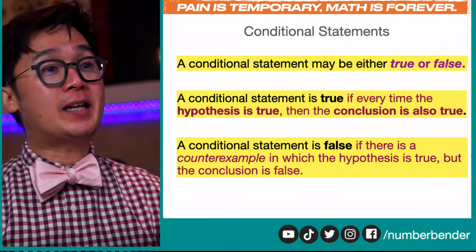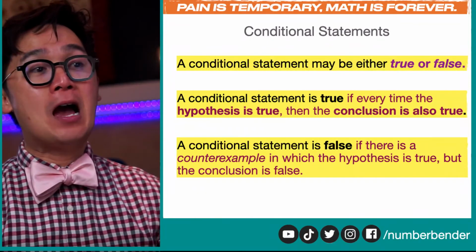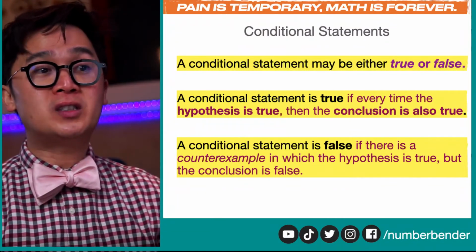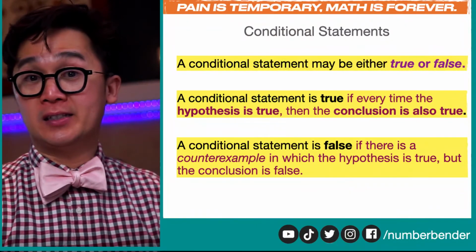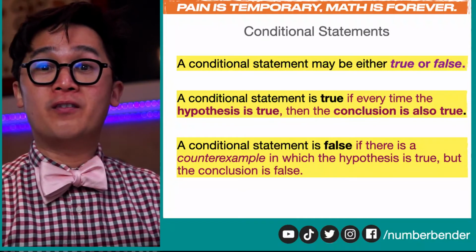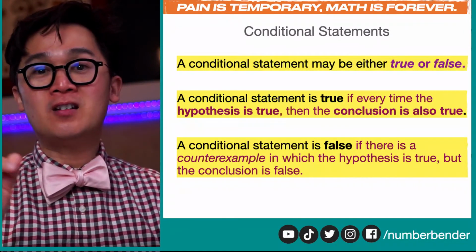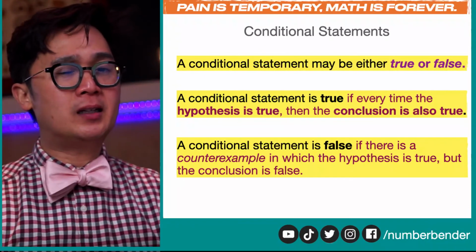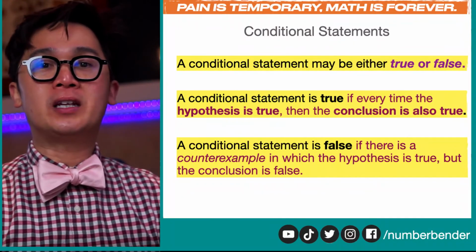A conditional statement is false if there is a counterexample in which the hypothesis is true but the conclusion is false. So you need to come up with a counterexample where your hypothesis is true, but the conclusion is false. It can be a little bit confusing, but with an example, it's actually really simple.